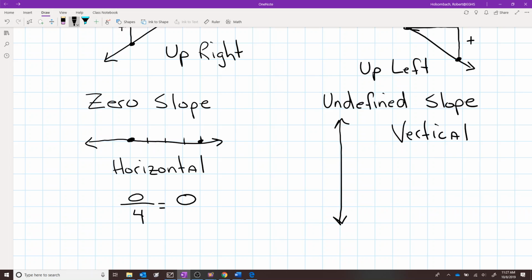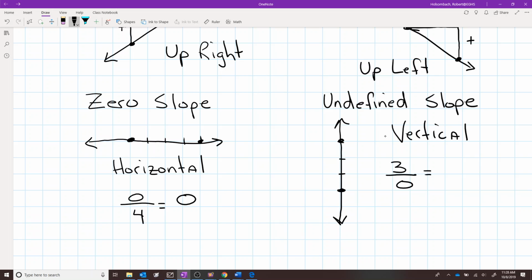If you're at a point on this line and you want to get to a second point, and you're using your rise over your run to find the slope, in this case your rise would be 1, 2, 3 units. Your run would be 0 units. You're not going to move horizontally, so you've got a rise over run of 3 over 0.